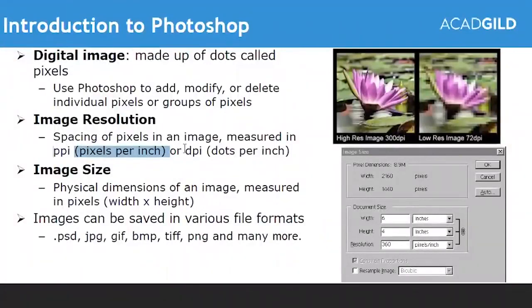When you work with Photoshop, use the term PPI. When you are talking about printing, use DPI, and when you are talking about display, use LPI, which we use for monitor resolution.